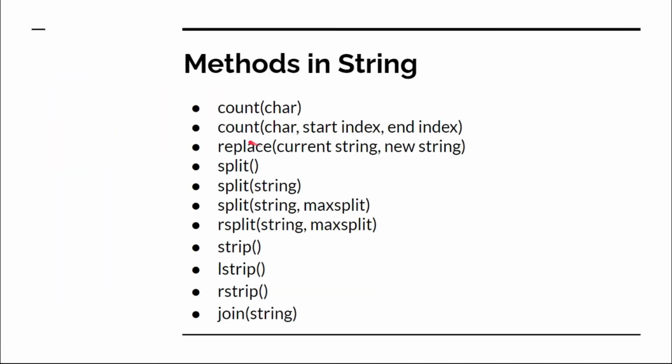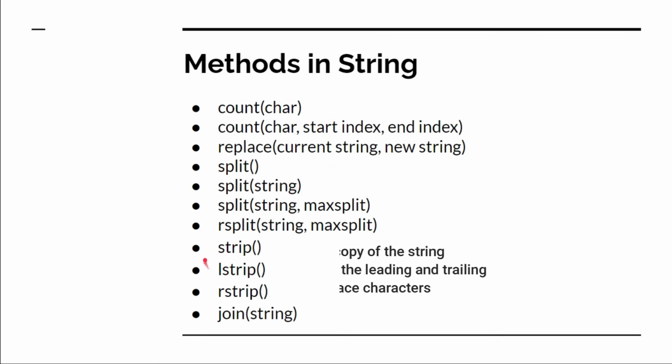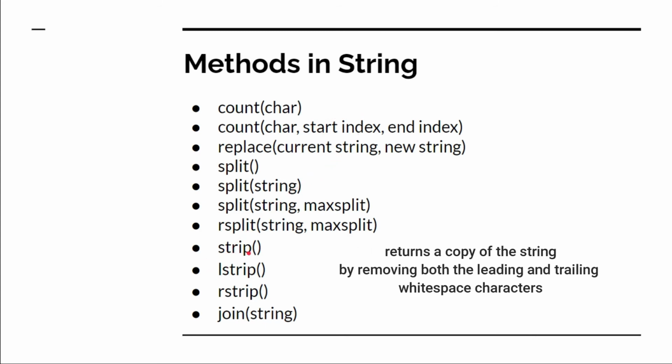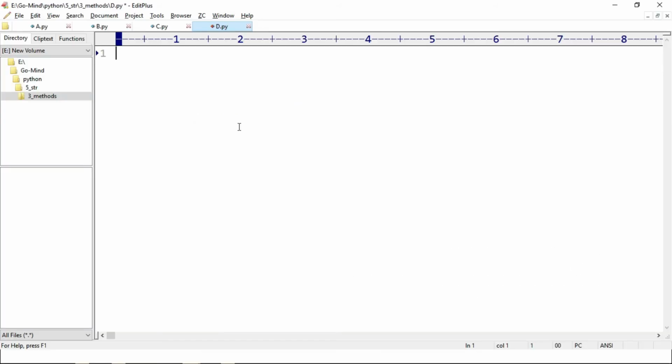Okay, the next method is strip. This method returns a copy of the string by removing both the leading and trailing white space characters. So let's see. Let the string be sample string, and we will call the strip method x.strip and pass it in the print function.